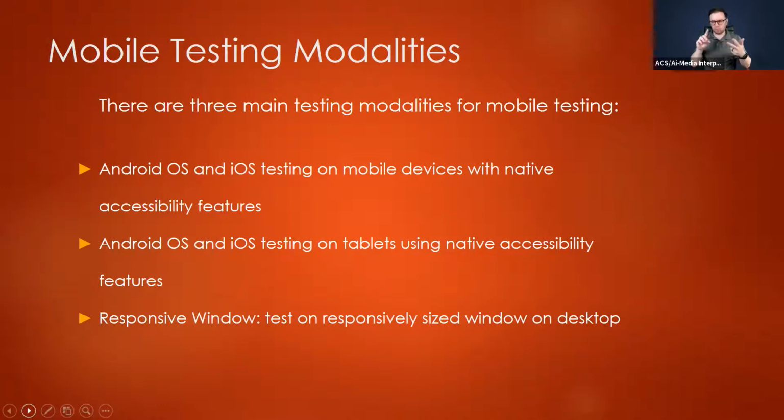You've got Android and iOS testing on mobile using the native accessibility features built into the device. You've got Android and iOS testing on tablets, and obviously the tablet view is different. And finally, you've got using just a responsive window within a desktop, where you resize it and see how it looks when trying to test on mobile.